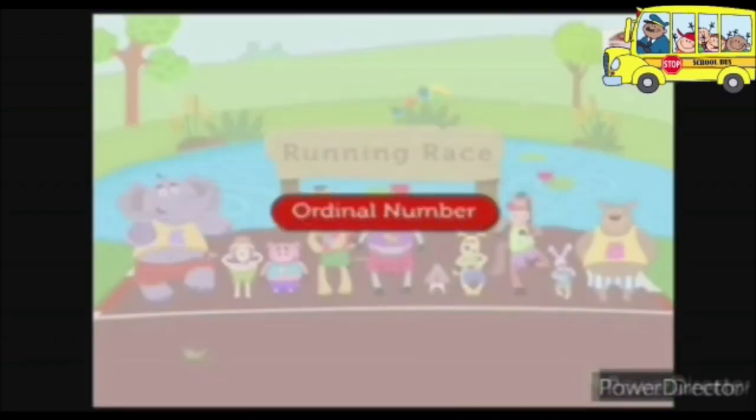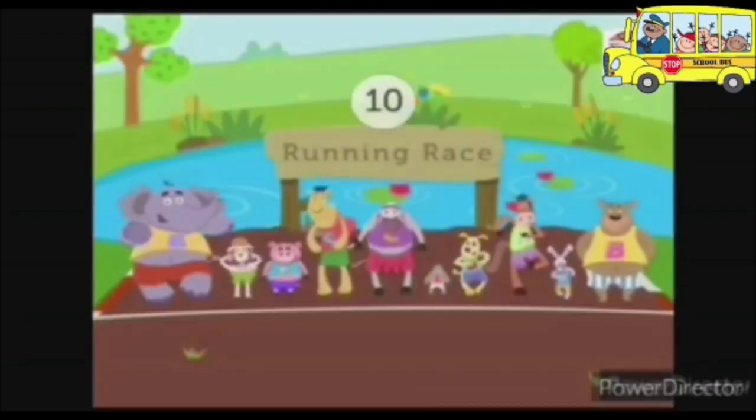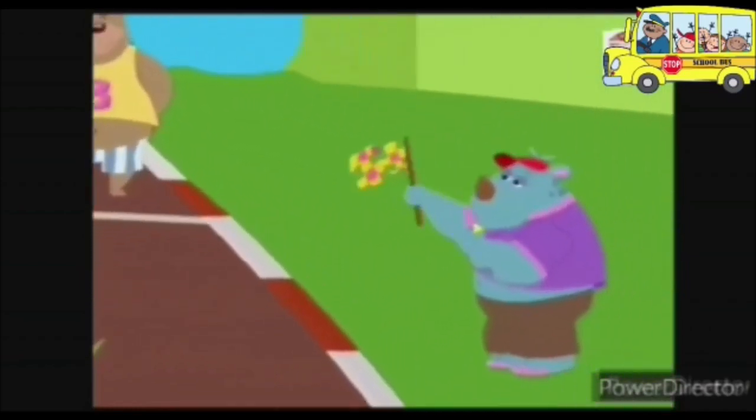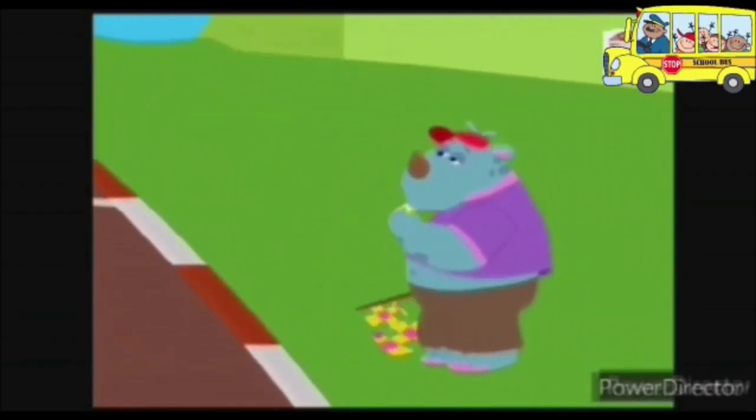Next, we can see about ordinal numbers. The ordinal numbers show the position of an object. Let us learn about the ordinal numbers. There are 10 animals living near this pond. They have organized a running race.